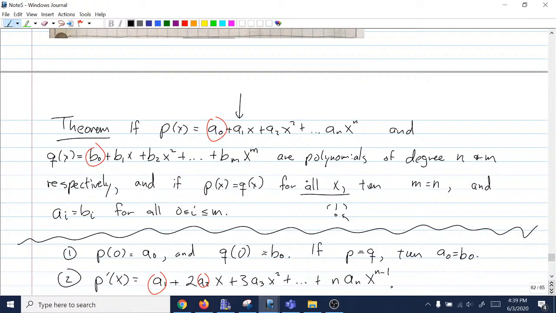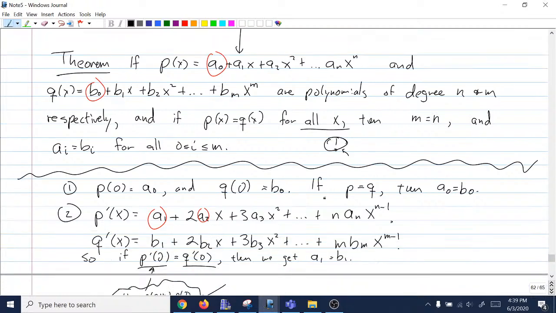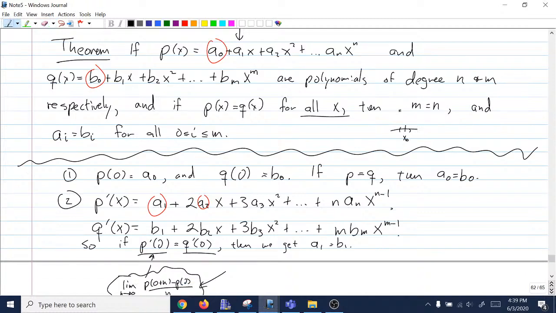Even if they're not equal for all x, even if they're equal for a tiny interval of x values near 0, well, if I'm comfortable doing a power series at another point, I can do the exact same thing and say whatever point the functions are equal at, which I'm usually going to call x naught, I can talk about derivatives at x naught and get the same, a longer, more complicated way of getting that the coefficients must be the coefficients.